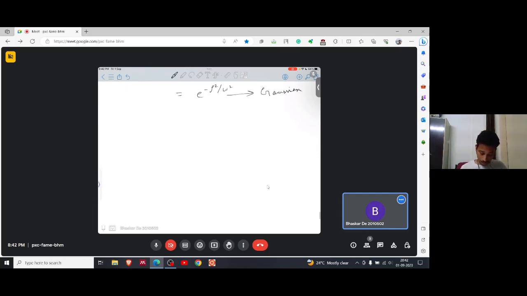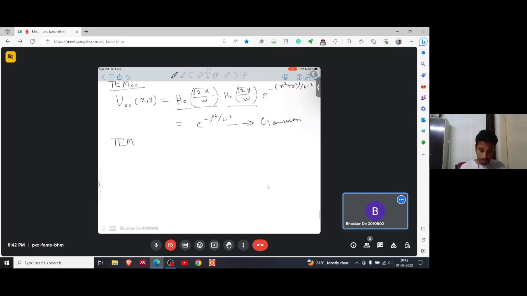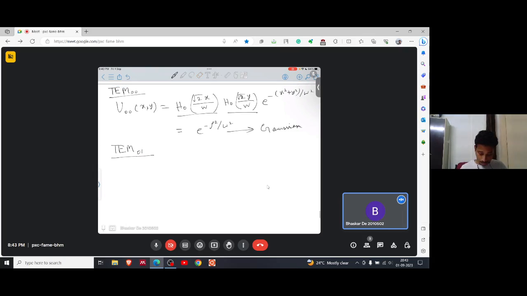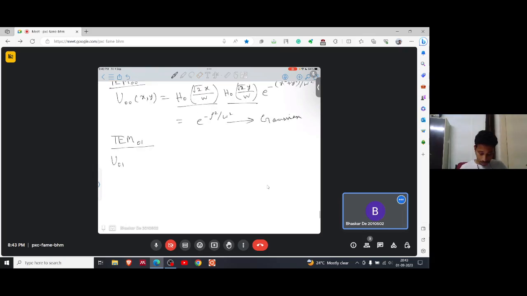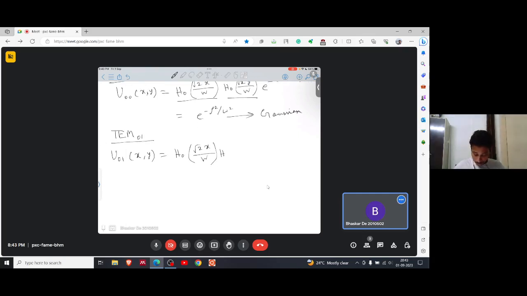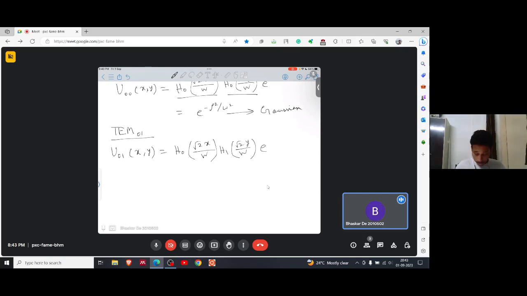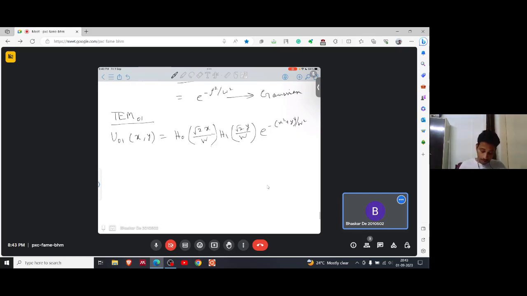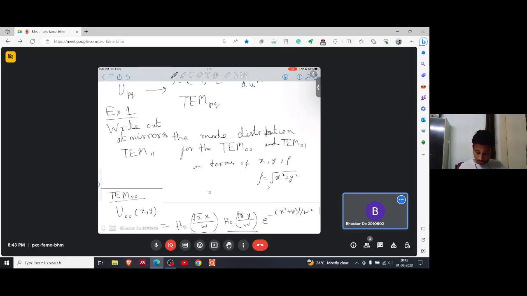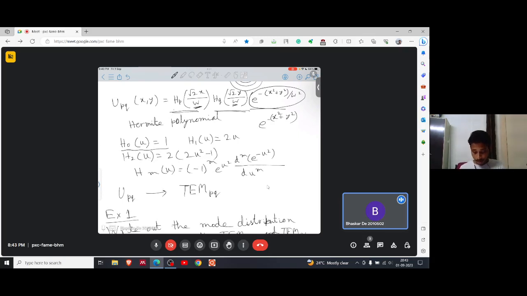Now TEM 01, so u01(x,y) equals H0 of root 2 x by w, H1 of root 2 y by w, e to the power minus (x square plus y square) by w square. Now H0 of u is 1 and H1 of u is 2u.